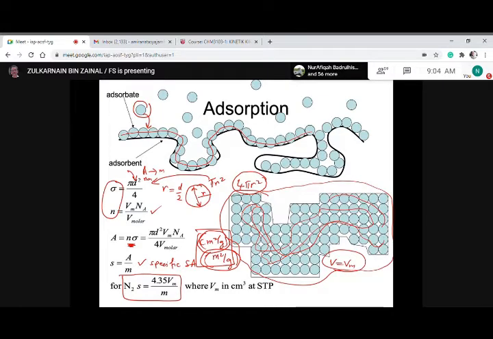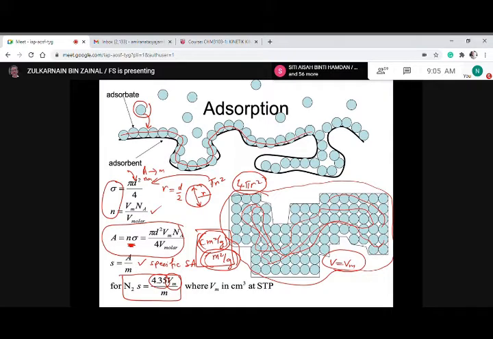So if you get the value of Vm for nitrogen, then you just multiply the value of Vm by 4.35. How do we get 4.35? 4.35 is obtained from this part.